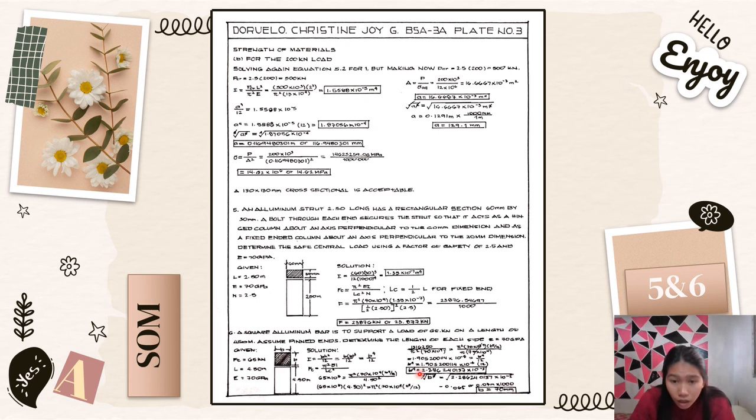So, the answer is 1.905200114 times 10 raised to negative 6 is equal to B raised to 4 all over 12. So, for B raised to 4 is equal to 1.905200114 times 10 raised to negative 6 multiplied by 12.